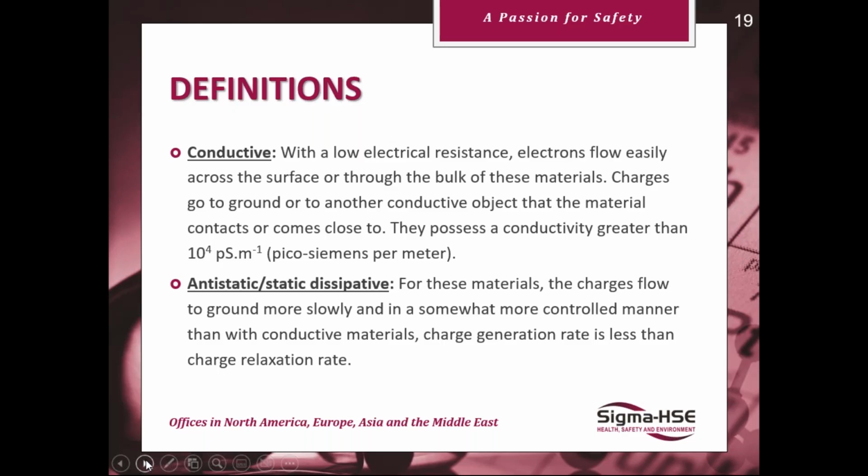So the charge is dissipated instantly. They possess a conductivity greater than 10 to the 4 picosiemens per meter. But normally we measure for powders in ohm per meter, and this will probably be about 10 to the 3 ohm meters.